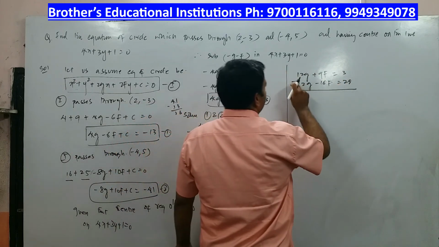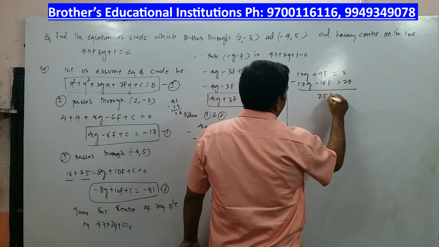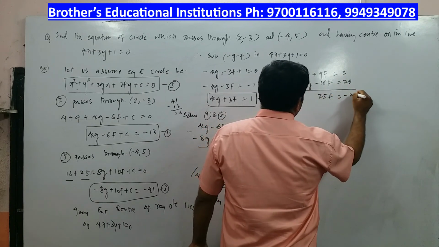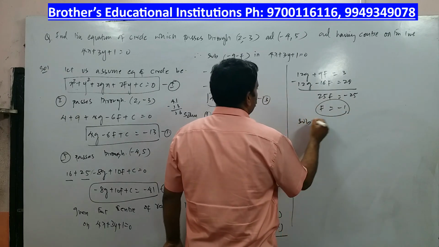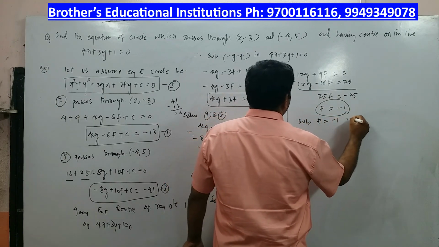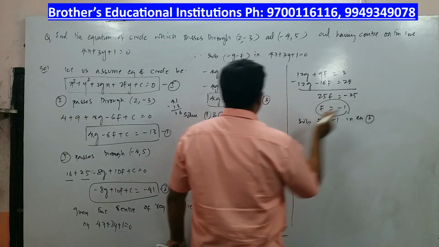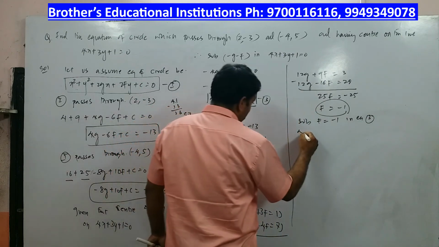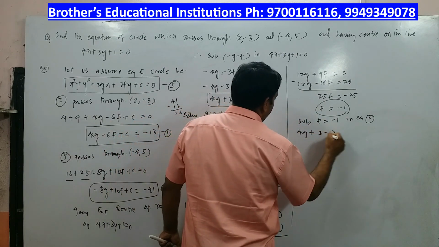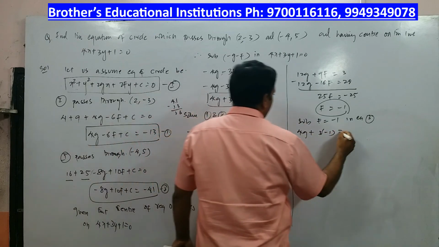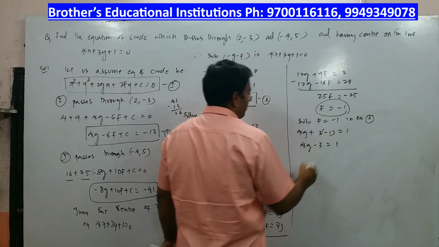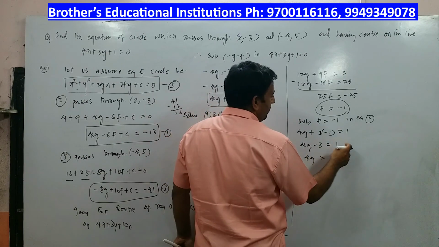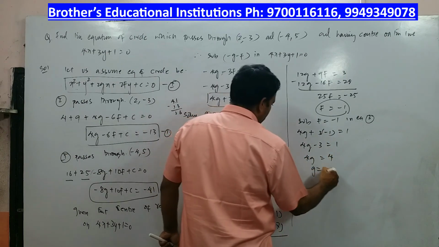Subtract, g cancels. 9 plus 16 is 25f. 3 minus 28 is -25. f = -1. Substitute f = -1 in equation 3. So you have 4g + 3 into -1 = 1. 4g - 3 = 1. 4g = 1 + 3 = 4. g = 1.